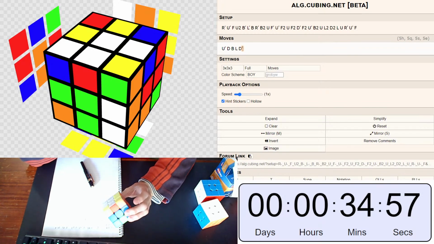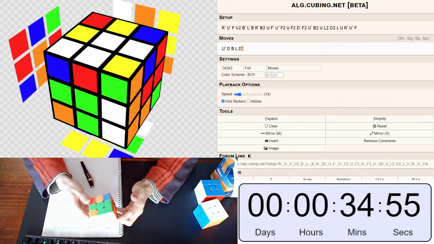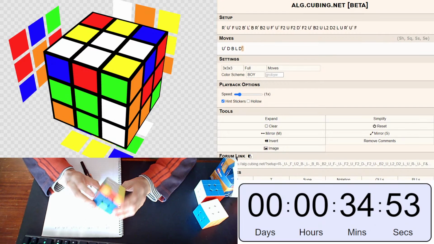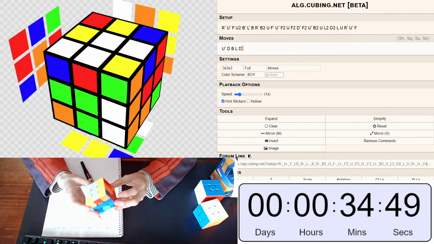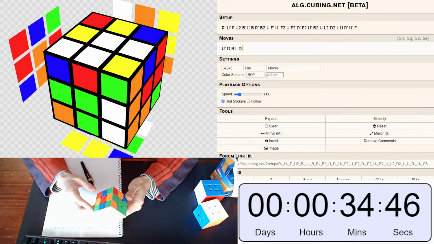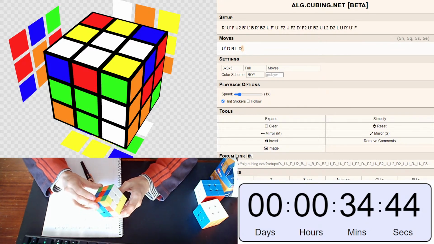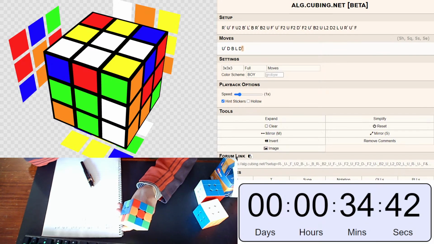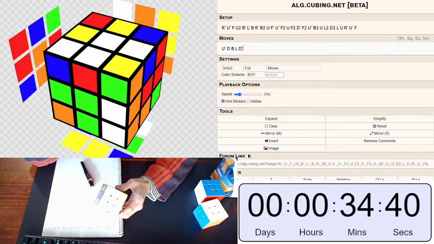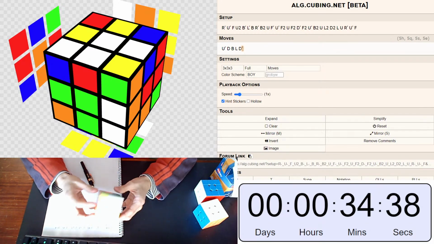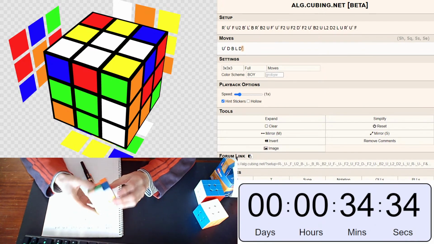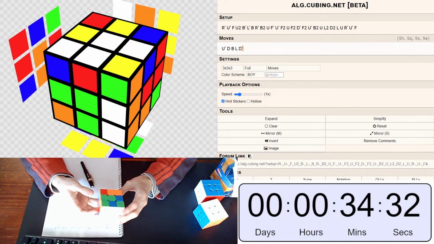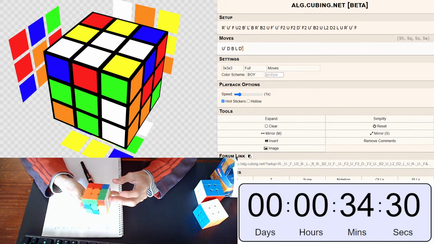I'm doing okay for time. I'm seeing a lot of difficult stuff on this scramble that I could work with if I was smarter. L2, U, F2.